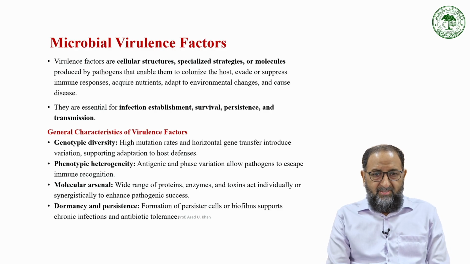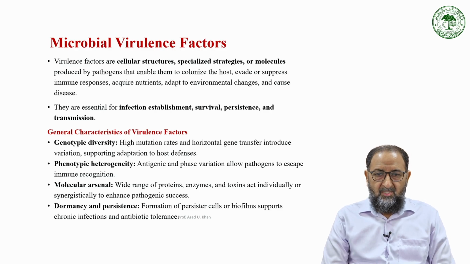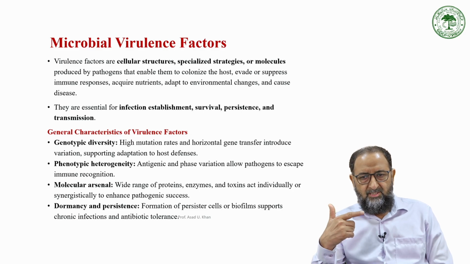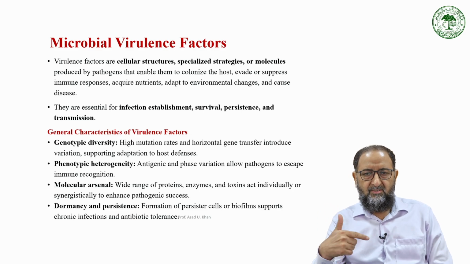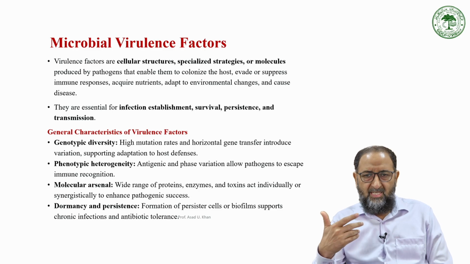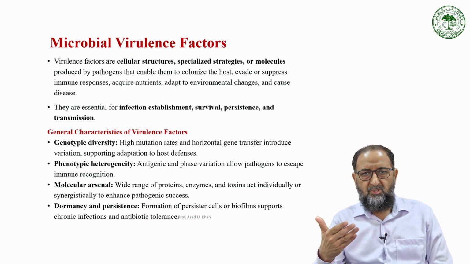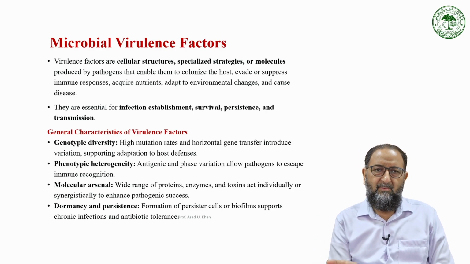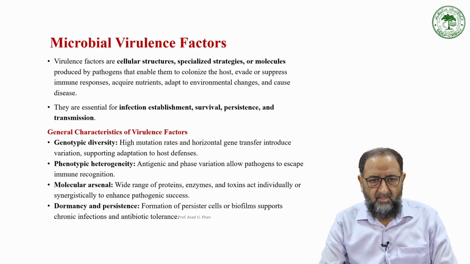They also introduce variation supporting adaptation to host defense. This process of gene acquisition through plasmids, Tn elements and IS elements provides adaptation to the host defense system, and this is how we call them established infection.